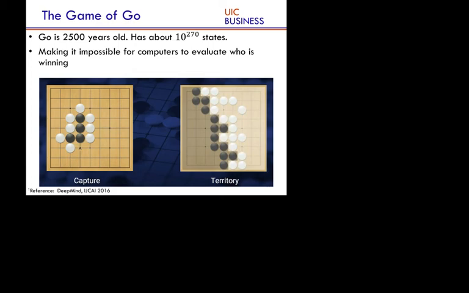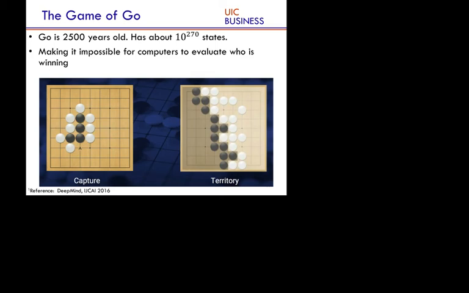So what does the game require? There are two players and each player places a pawn on this board. I think this is a 9x9 board, so there are 9 lines, right? The professional board is 19x19, but basically it's the same. The white player and the black player place pawns on the board in a successive fashion.